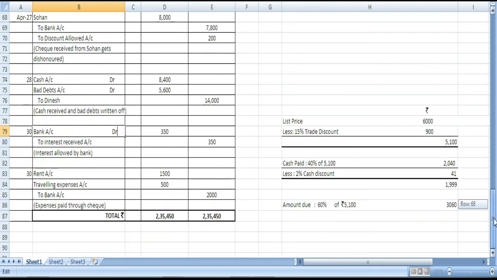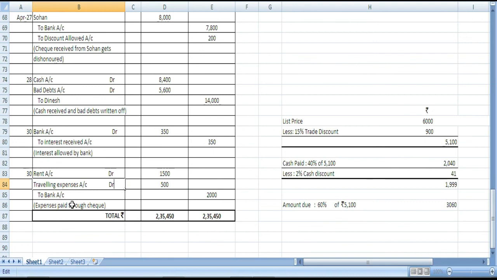And the last one here we have is to expenses. Rent account 1500, travelling expense account 500. Now, both of these are expenses. So, according to the nominal account we will debit the expense. 1500 and 500. We have done a compound entry over here, and we have paid it through the check.